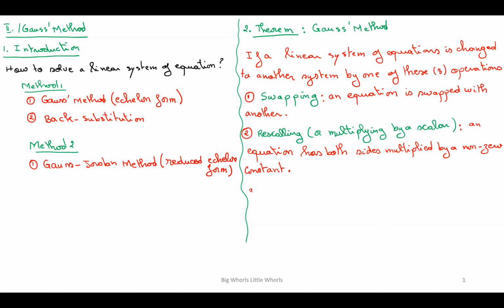And the third operation is a row combination. So when we perform a row combination, what do we mean by row combination?